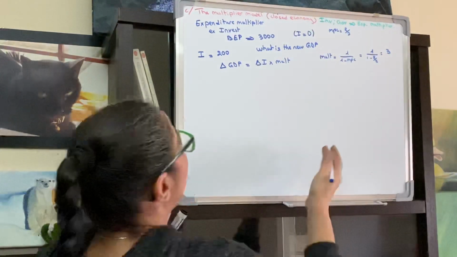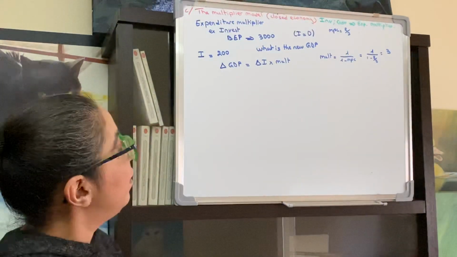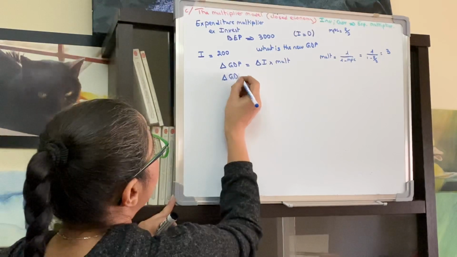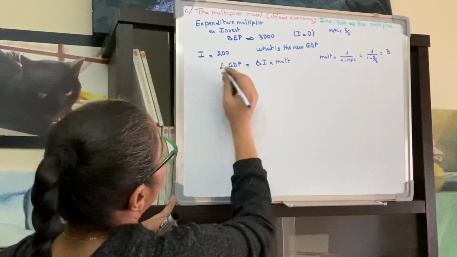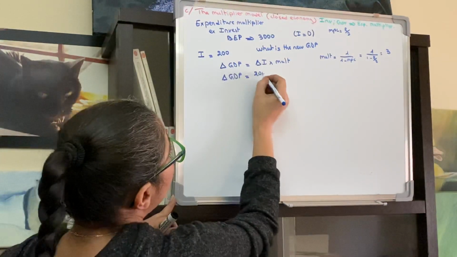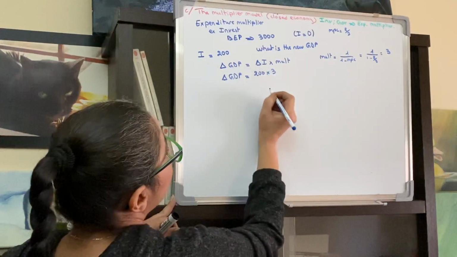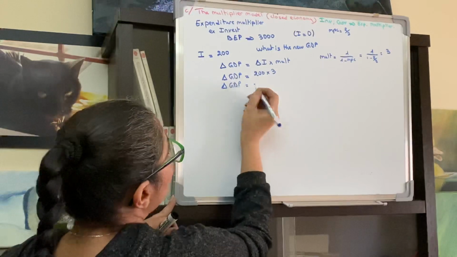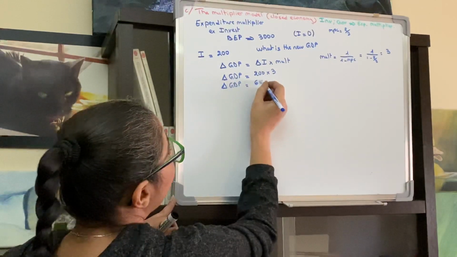You already calculated it, you just have to go back. So let's do it. Delta GDP is equal to delta I, which is 200, times 3. So delta GDP is equal to 600.